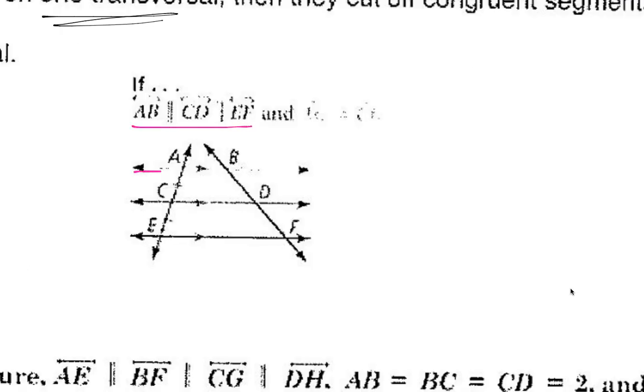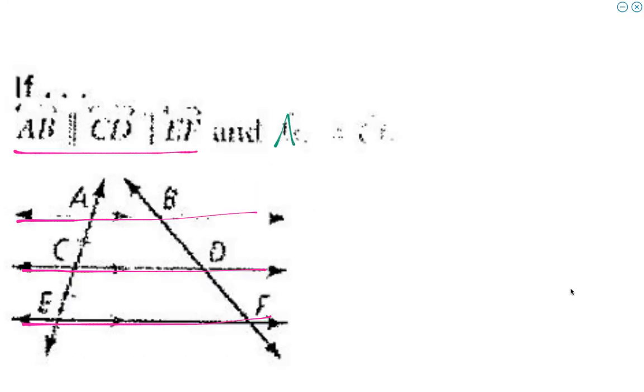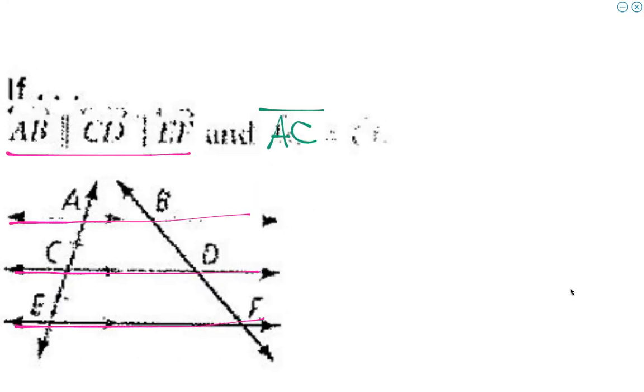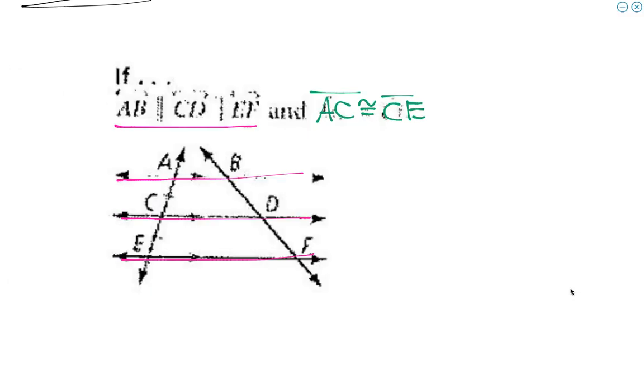So if these three lines are parallel, and what this says here is if AC is congruent to CE, right here.